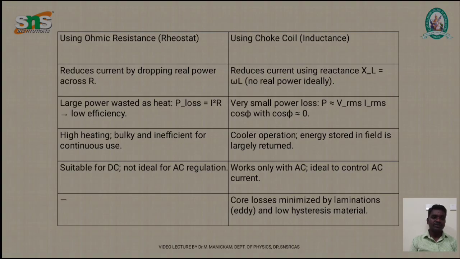Core losses are minimized by lamination, reducing eddy currents, and low hysteresis materials are used, so the power losses are reduced. These are the advantages of using choke coils. Compared with an ohmic resistance, the choke coil is the best one.